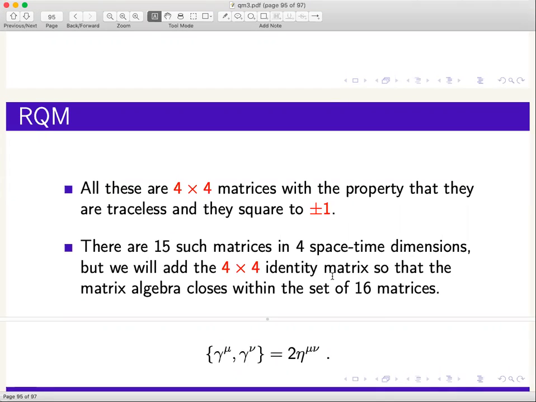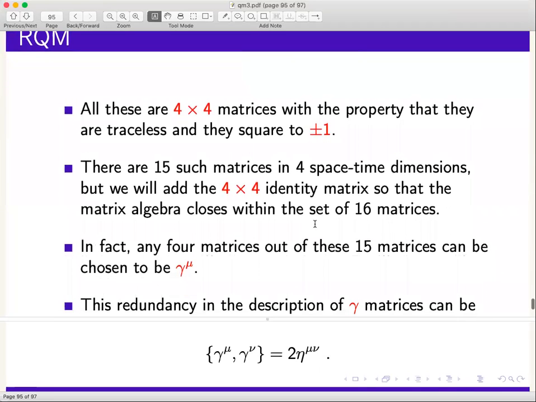What you find is that for the Clifford algebra with an identity, if you are looking at d by d matrices, the total number of matrices is d squared. We have 4 by 4 matrices, and that's why the total number of matrices is 16, of which 15 are these gamma matrices, and one is the identity matrix.